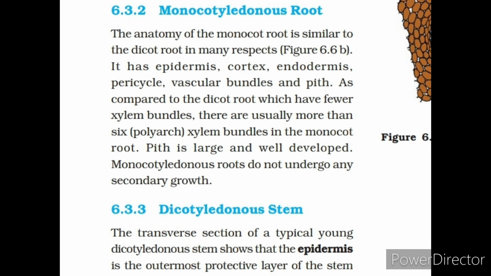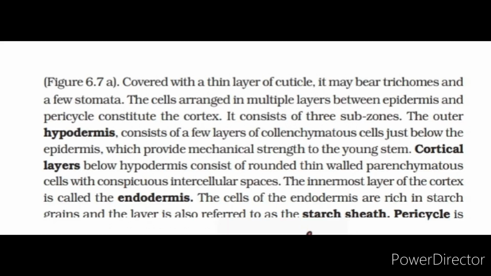Dicotyledonous stem. The transverse section of a typical young dicotyledonous stem shows that the epidermis is the outermost protective layer of the stem. Covered with a thin layer of cuticle, it may bear trichomes and a few stomata. The cells arranged in multiple layers between epidermis and pericycle constitute the cortex.